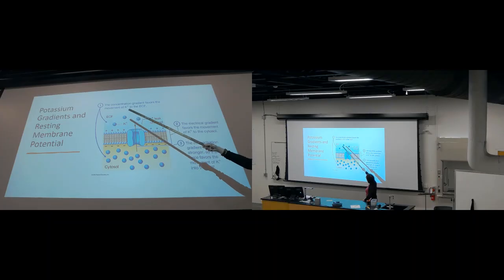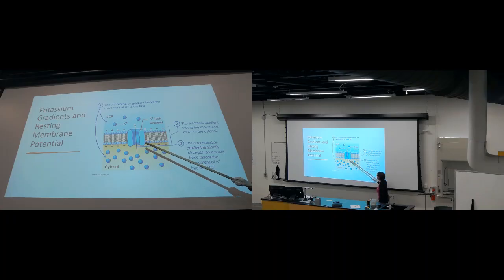But then you will have return of potassium back into the cells because this potassium, which is positively charged, a cation, is attracted by the negative charges inside the cells, which are made by the amino acids with a negative charge in the proteins, as well as by the many phosphate groups within some of the molecules in the cytoplasm, and the phosphate groups within the nucleic acids, RNA and DNA.